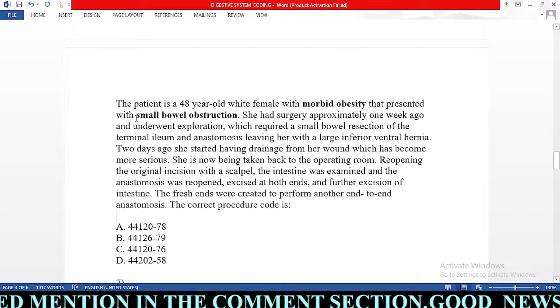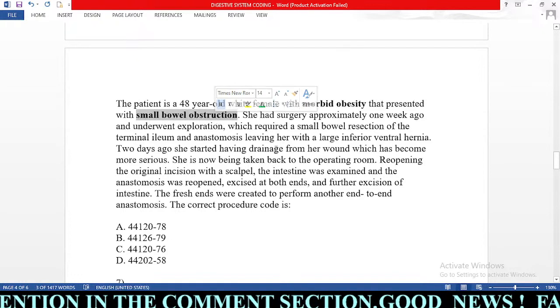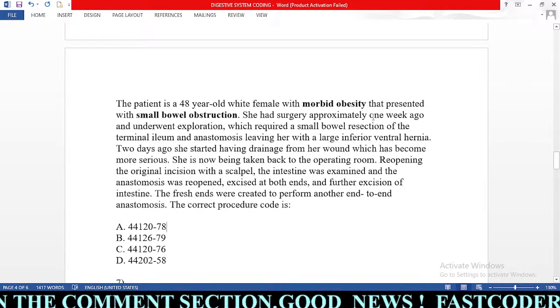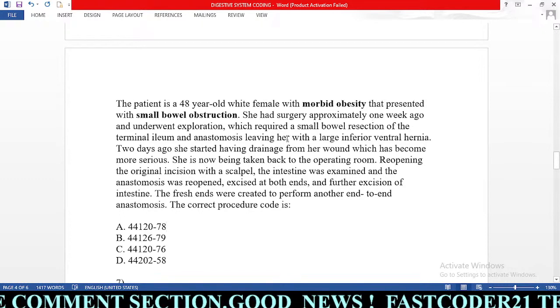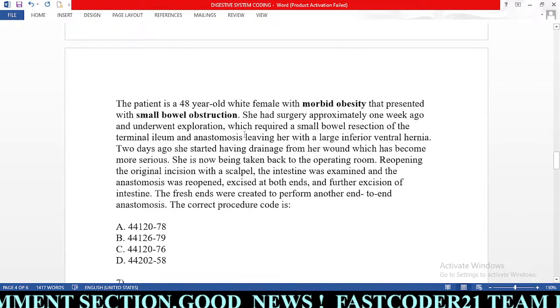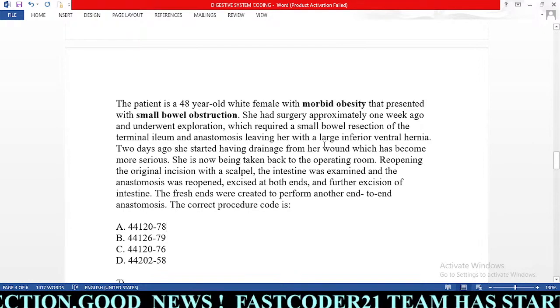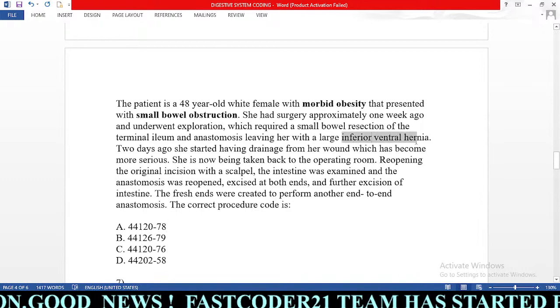Small intestine or small bowel, both are same. She had surgery approximately 1 week ago and underwent exploration, which required small bowel resection of the terminal ileum and anastomosis, leaving her with a large inferior ventral hernia.